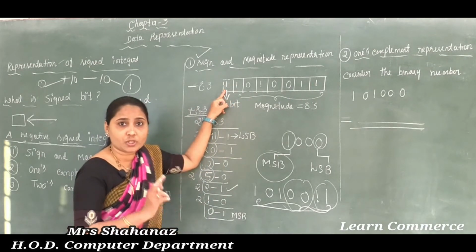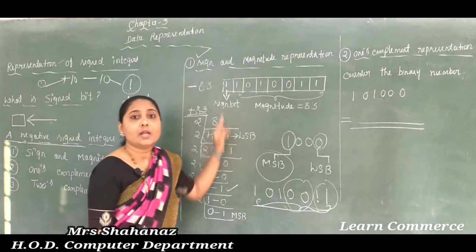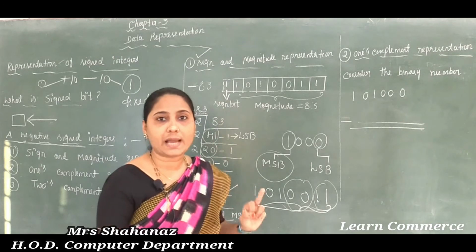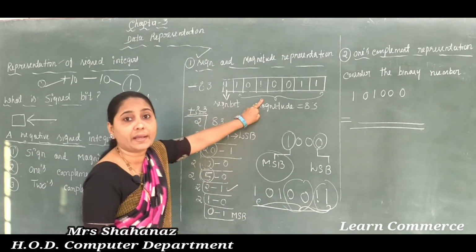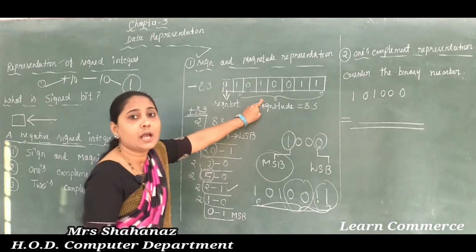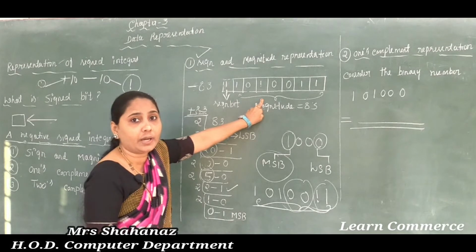So the leftmost bit, which is 1, is equal to the MSB, the sign bit. So the MSB always stands for the sign bit, and the remaining bits always stand for the magnitude representation.